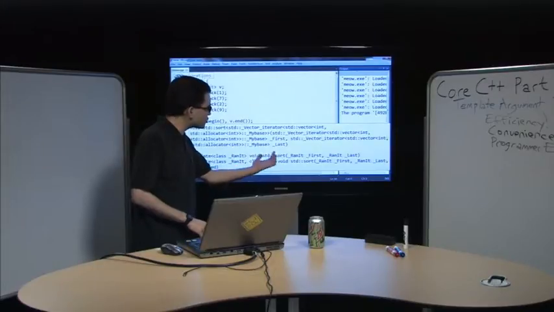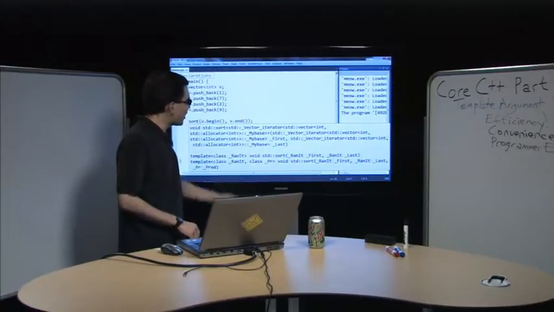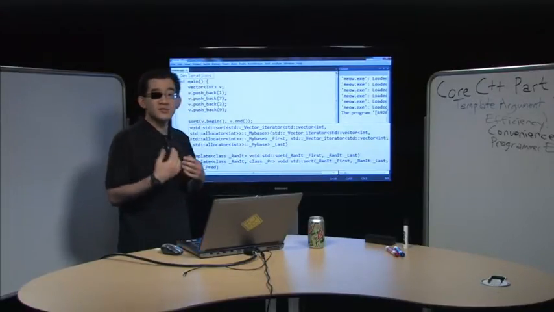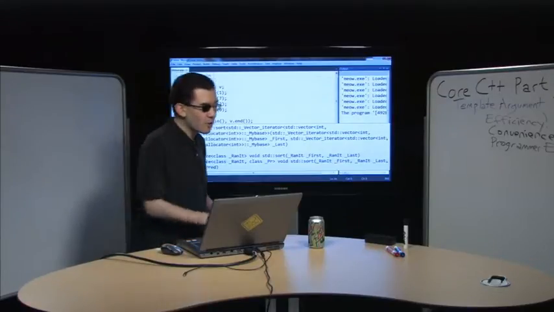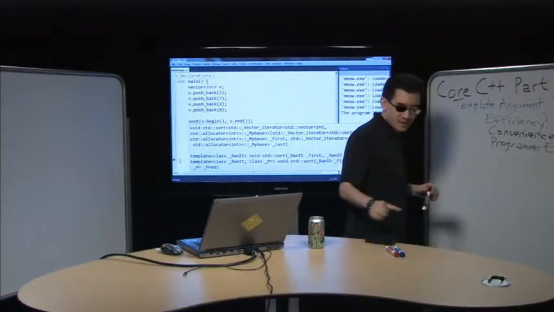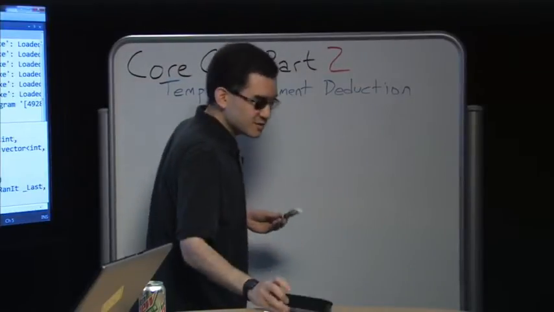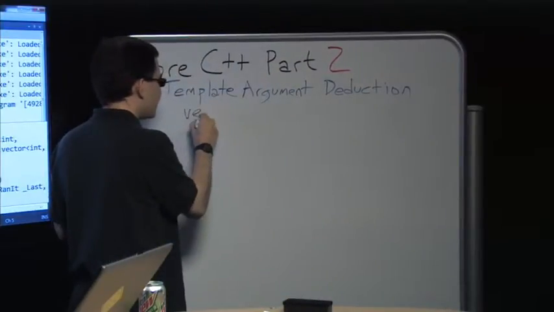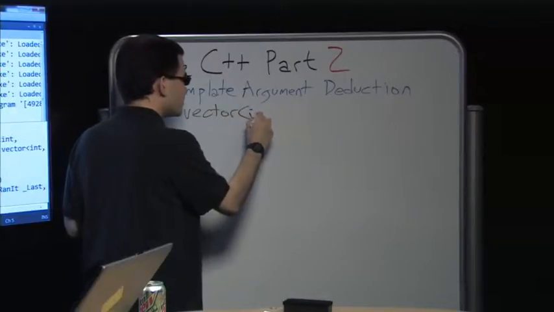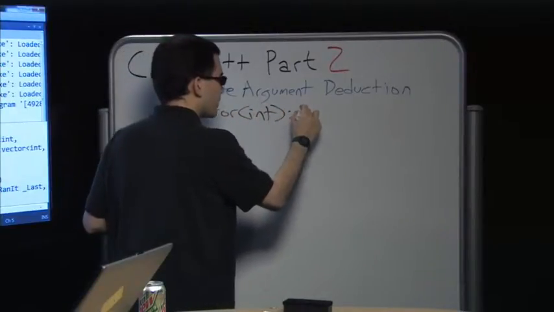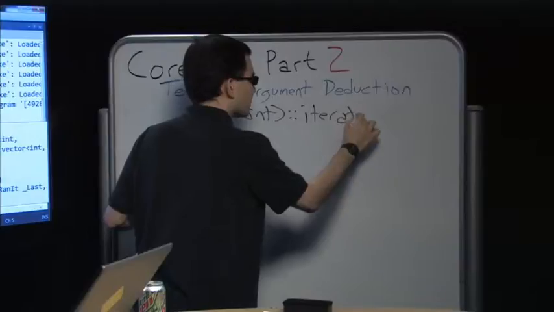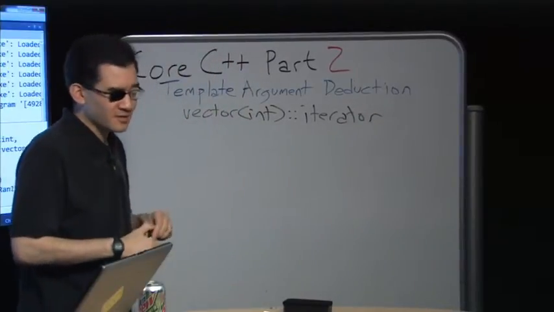And yet when I called std::sort, I didn't need to tell it the iterator type. It was deduced for me. If I wrote it out, the type would be vector of int iterator, like this. That's sort of a mouthful to type.